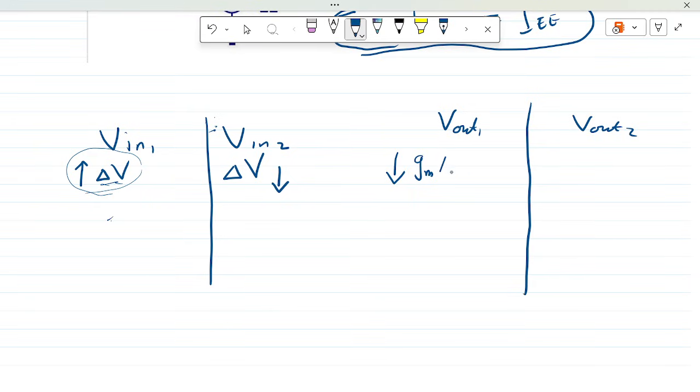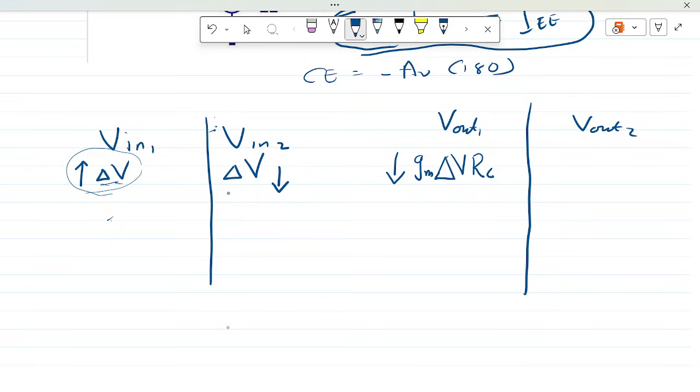So this will be the current times, so as the current is going up, the drop will increase. That means the output voltage will go down, so times the RC. So this is by how much the output will go down, because in the common emitter stage we have a negative gain, which shows a 180 degrees phase shift between the input and the output.